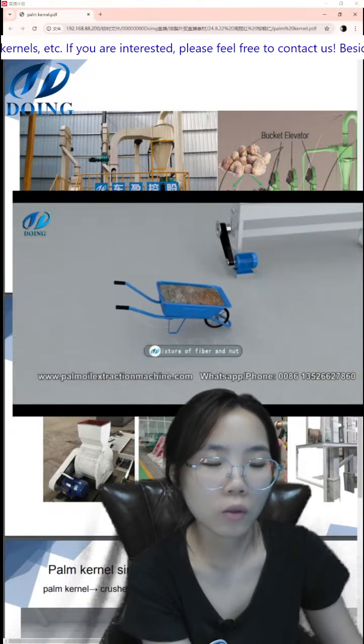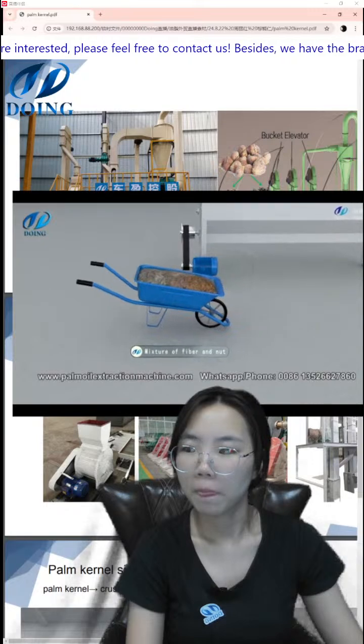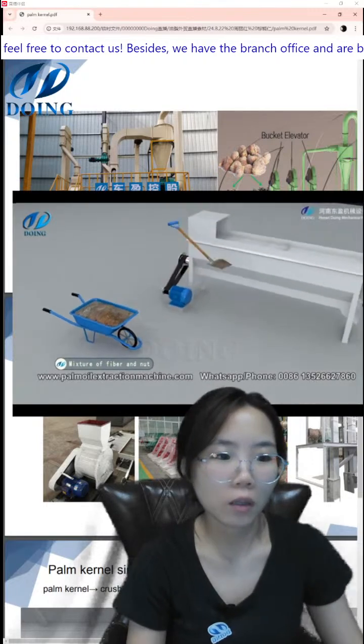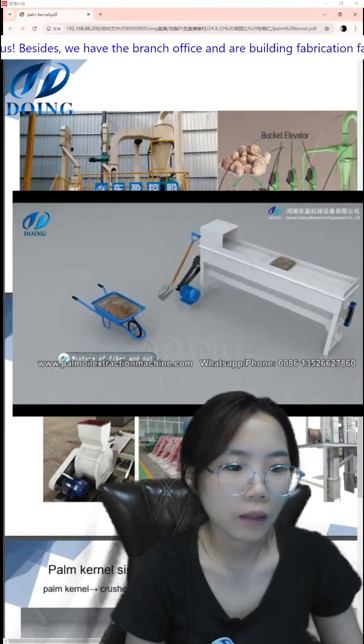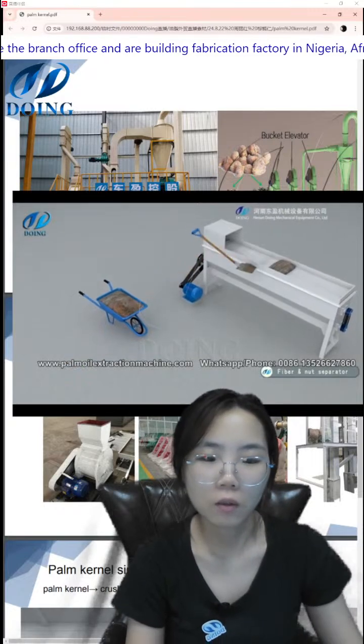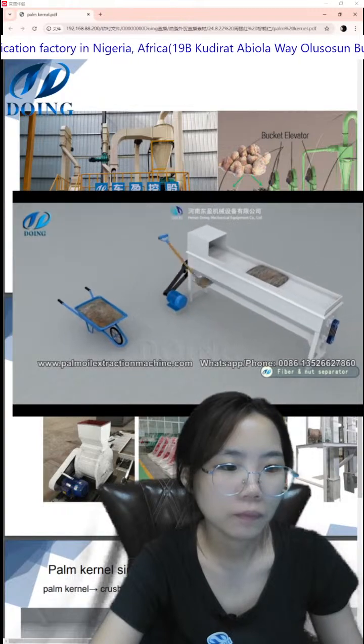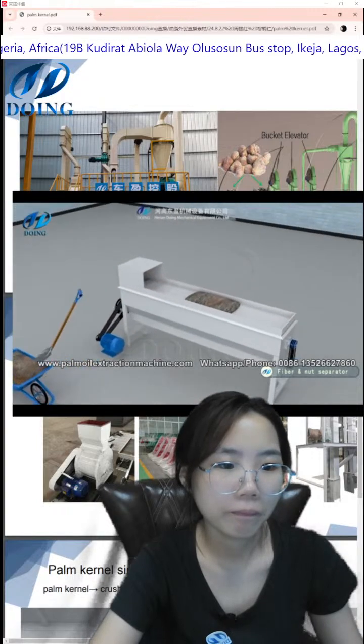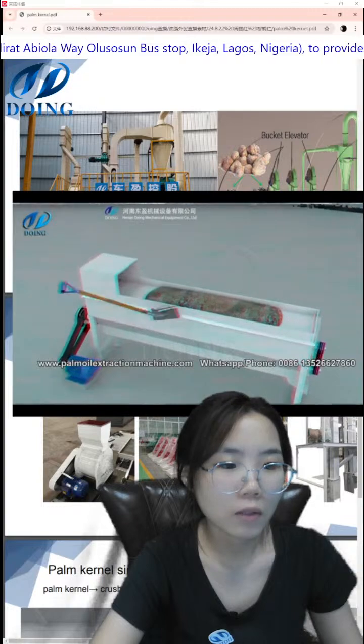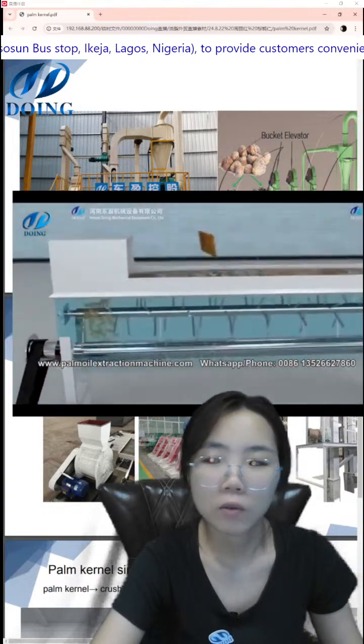If you want to know this machine, you can add our WhatsApp so that we can offer more detailed information for you.